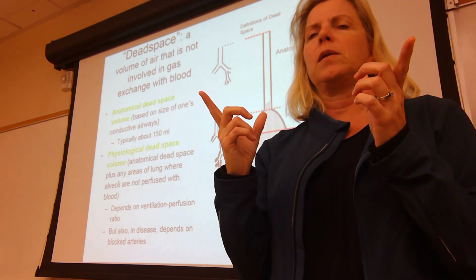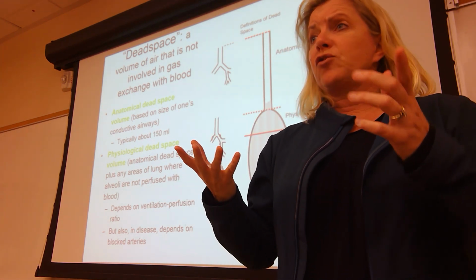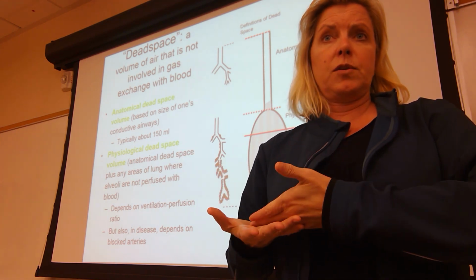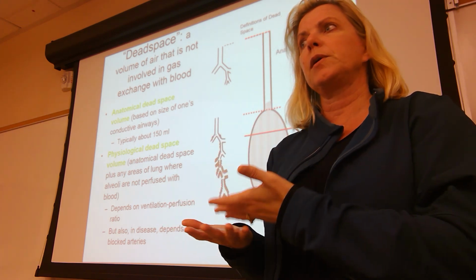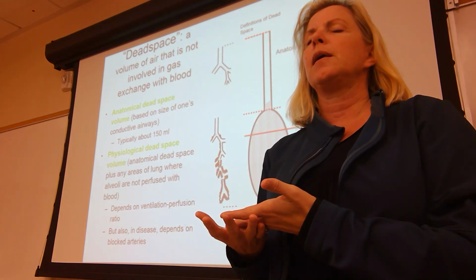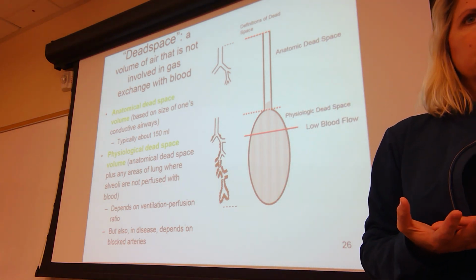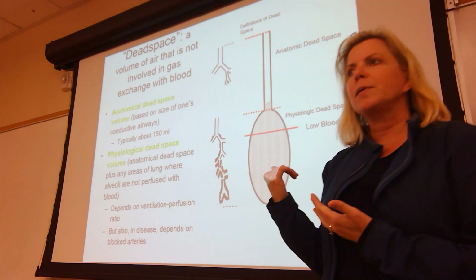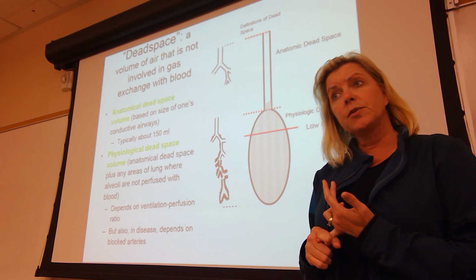Because let's think about this. In order for us to actually get gas exchange, don't we need blood to come pick up the oxygen? Yeah, that's how we transport our oxygen, somehow in the blood. So what is our typical cardiac output? 5 liters per minute. Well, what's a typical ventilation rate? You heard me say 500 milliliters.